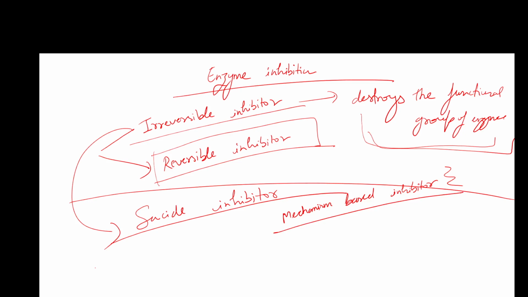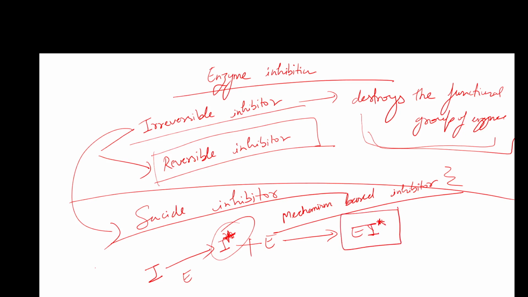With the help of the enzyme it is catalyzed into a more effective inhibitor, which is an analog of the substrate, and when this reacts with the enzyme, it forms an enzyme inhibitor complex, and the enzyme literally commits suicide and becomes non-functional.